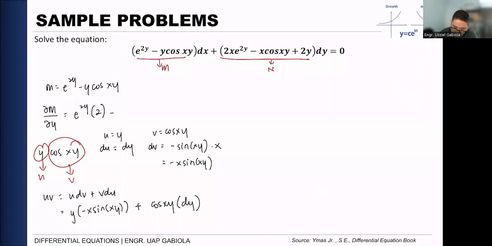Okay? Or dito, since in terms ni y tayo, si dy is equal to 1. Okay? So ito will be negative xy sine xy plus cosine of xy. Okay? So yun yung nakamultiply dito.